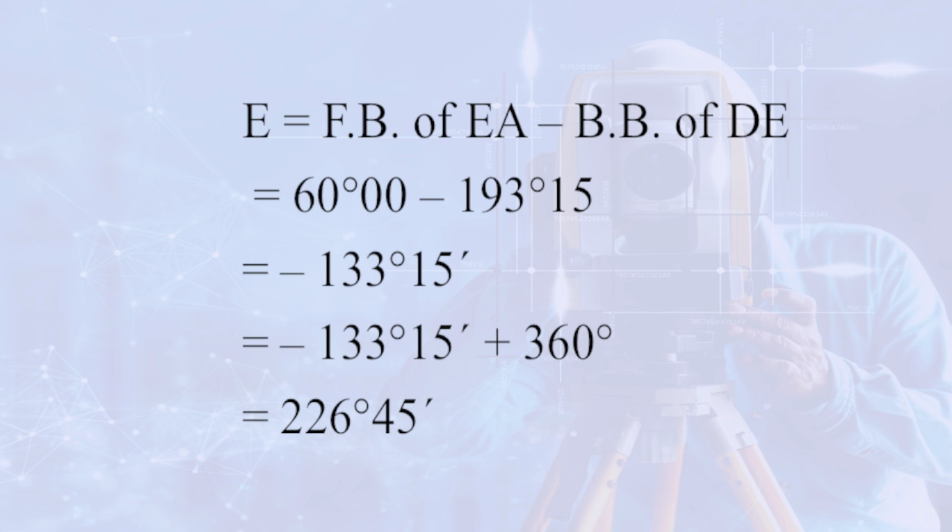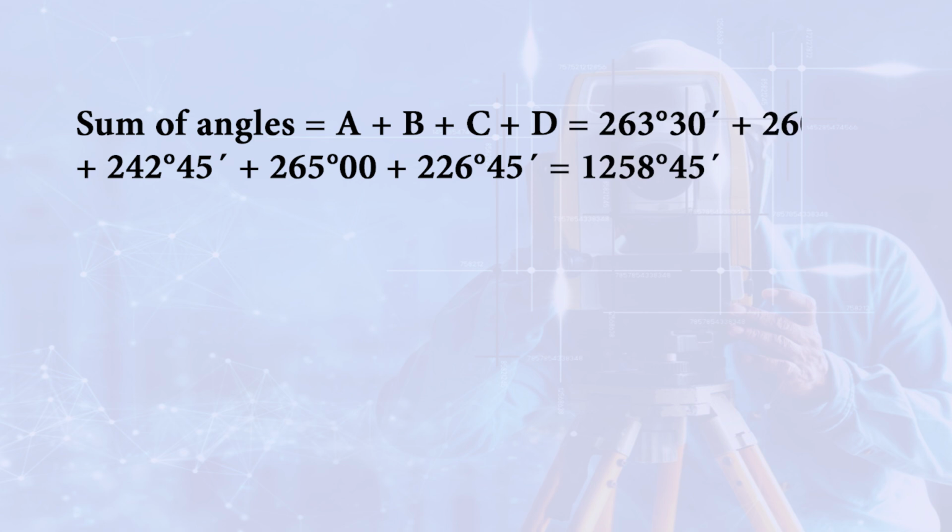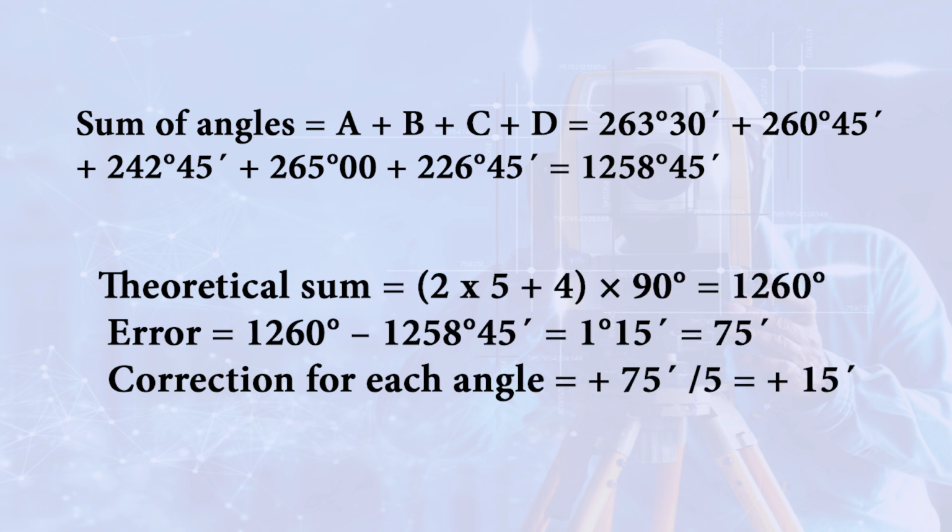It is also negative, so we will add 360 degree to it and it will result in 226 degree 45 minutes. We can also check it. Firstly, we will do the sum of all the angles we have calculated, angle A, angle B, angle C, angle D and angle E. It will result in 1258 degree 45 minutes, and the theoretical sum is given as 2n plus 4 into 90, where n is equal to 5 in our case.